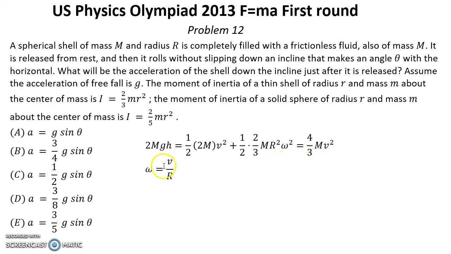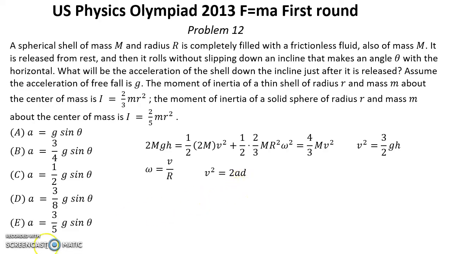And from here we can find that v squared equal 3/2 gh. But on the other hand, we have an expression for motion which connects speed, acceleration, and distance. We have v squared equal 2ad, where a is acceleration and d is distance.